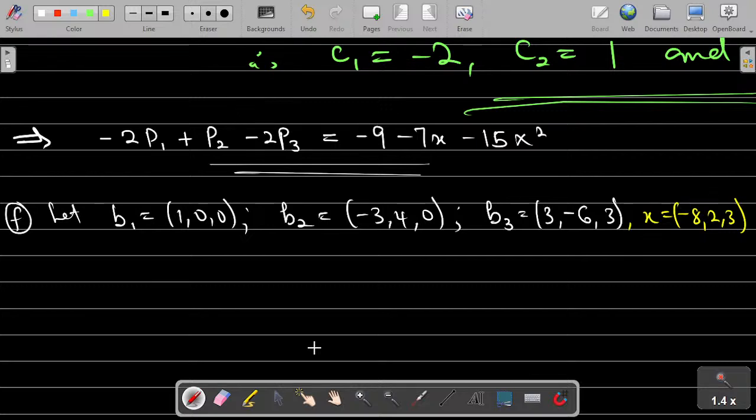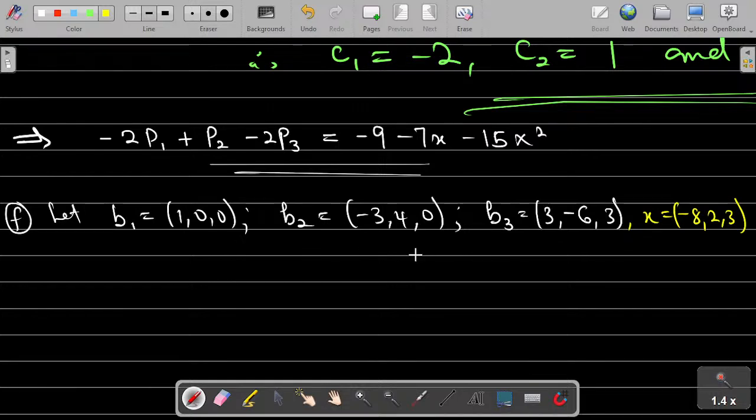So what are those things that we define for a set to be a basis? One, we said that the set must be linearly independent, and then second, we said that it must span the vector space. So they are asking us to show those 2 things here, meaning we should show that B1, B2 and B3 are linearly independent, and then we should also show that it spans R3.